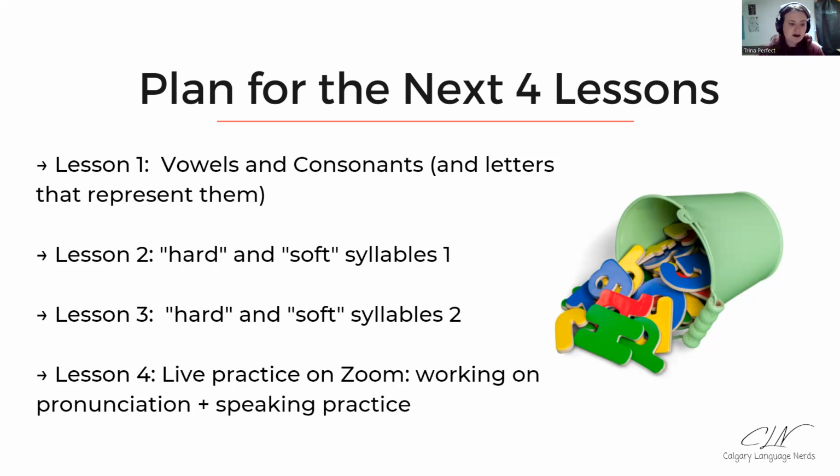We're going to practice by reading names, geographical names, and words that are similar in English. And we obviously are going to have some speaking practice in breakout rooms. We're going to have a lot of fun, and I'm more than excited to see you there as well.